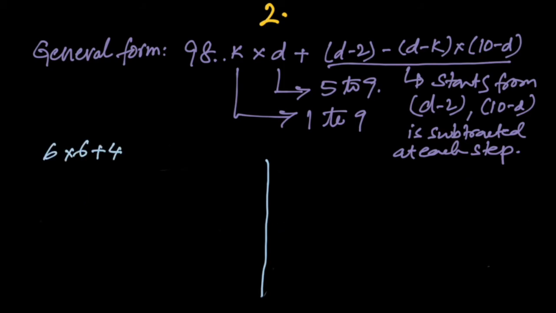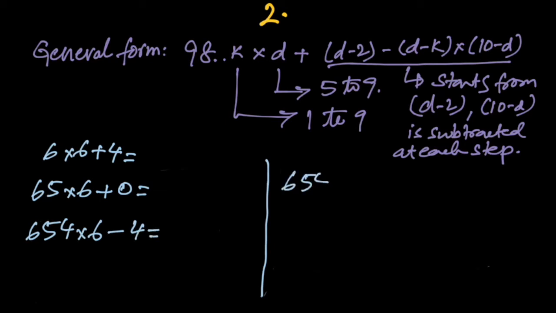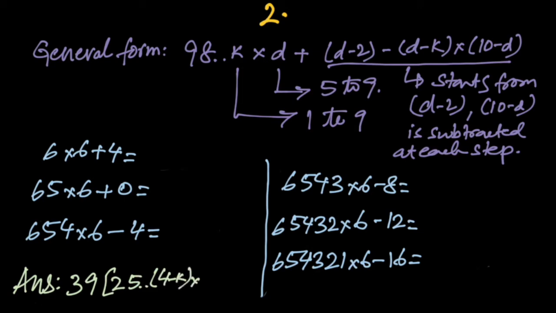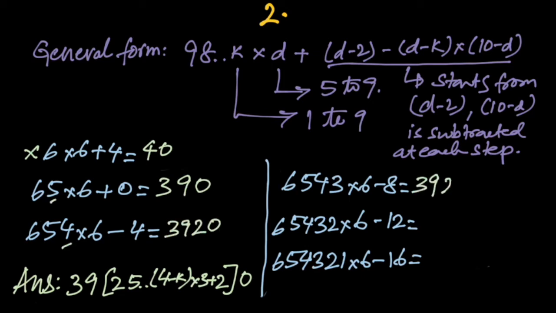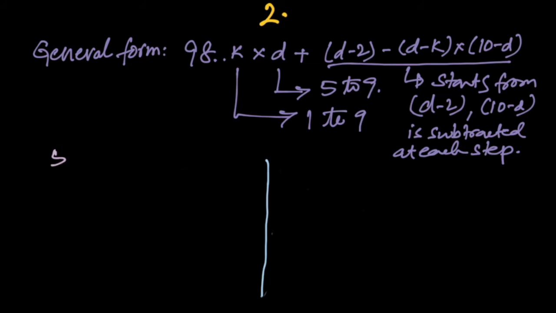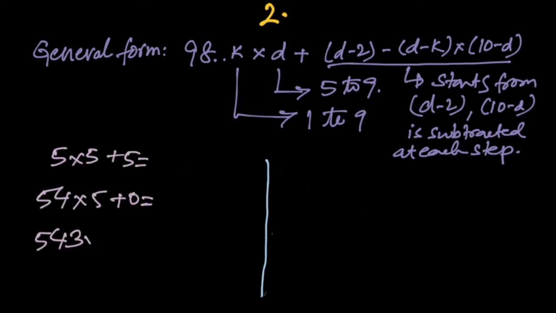And same way for multiplier 6. Now in case of multiplier 5, the offset starts from d instead of d minus 2.